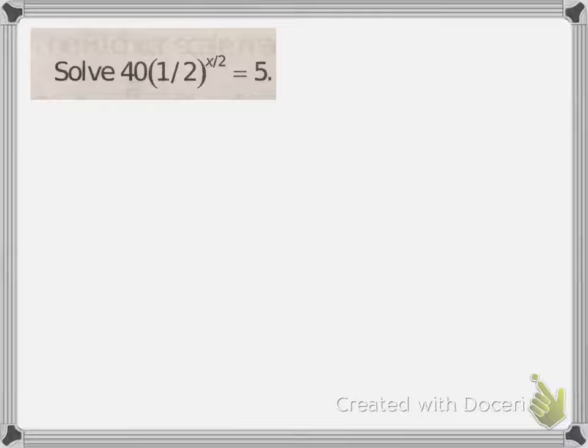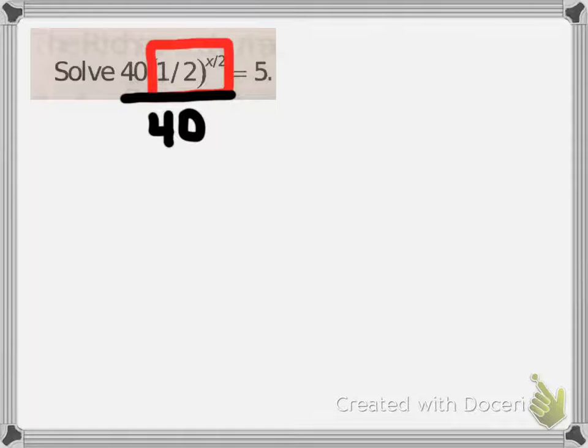So when it says get b raised to cx by itself, that means that we're going to get the 1/2 raised to x over 2 by itself. Well, the only way to actually get that by itself is to divide by 40. And once we divide by 40, you're going to get 1/2 and we have 5 over 40.